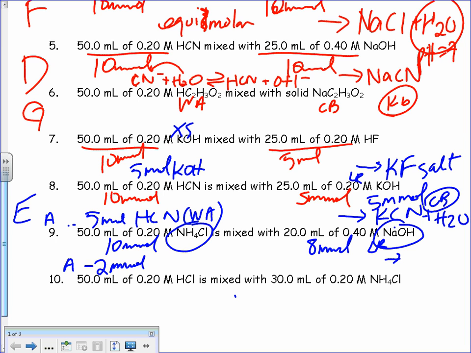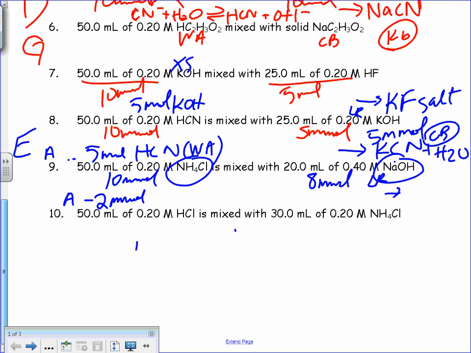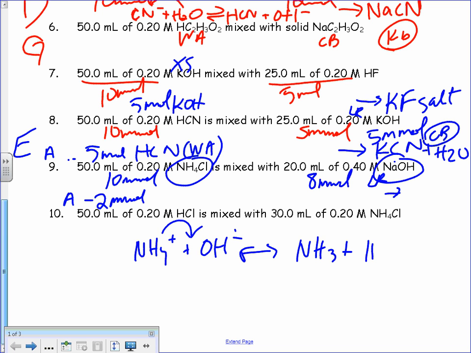This ammonium cation will react with the basic part of sodium hydroxide, right? Because it's going to have the ability to donate as needed to make ammonia and water. And since we have, is this 8 millimoles? Yes.